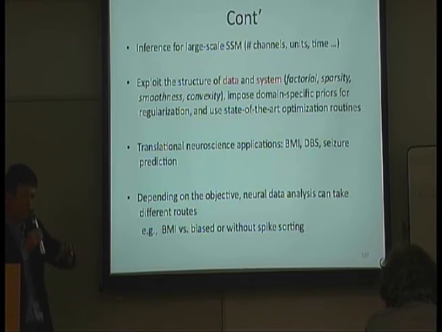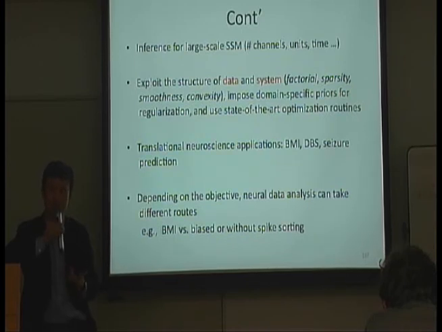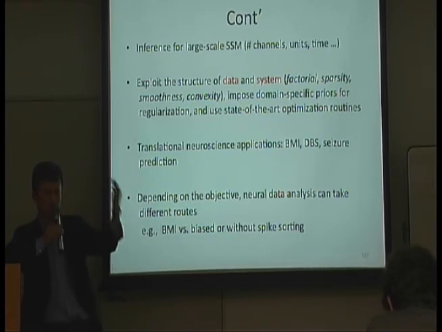I can give you one example from the hippocampus. If you just want to recover the animal's position, probably you don't need to do spike sorting. You have a different assumption: you just want to use the raw spike signal and establish some relationship with position. So you probably don't have to do spike sorting. You can come up with some approximation or some different solution.